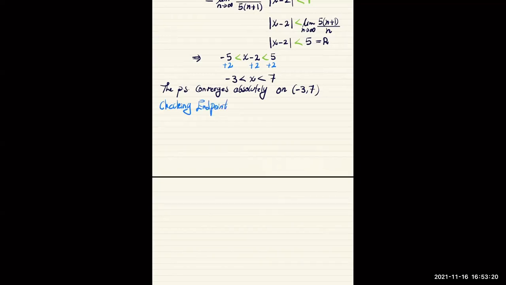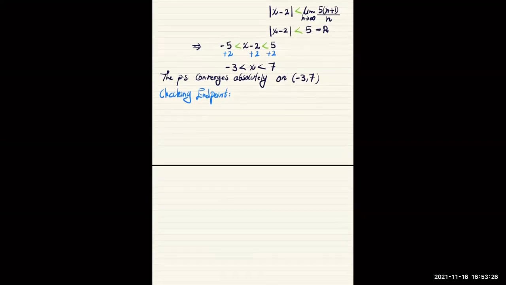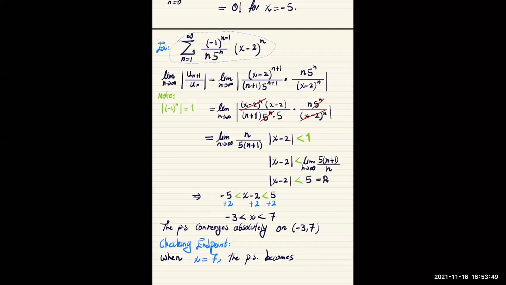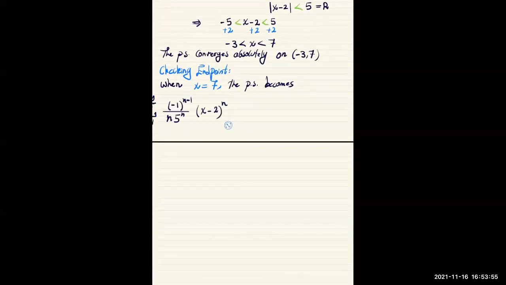We're done with 50% of the problem. Okay, so one endpoint is when x is, let's do -3, or we could do 7, who cares? When x is equal to 7, the power series becomes, okay, so take your power series and plug 7 for x.